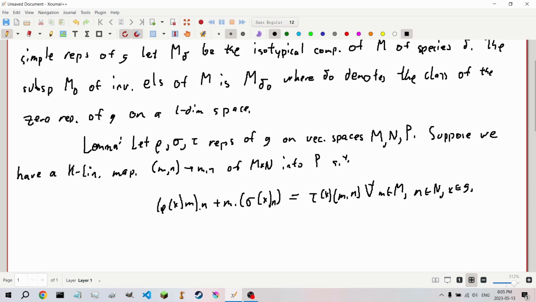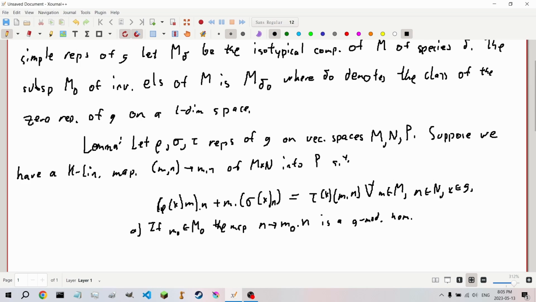Now, the lemma goes as follows. Part A: if M naught is in the set M0, the mapping of n given by left multiplication by M naught is a G module homomorphism.